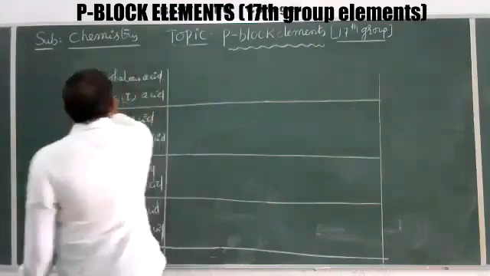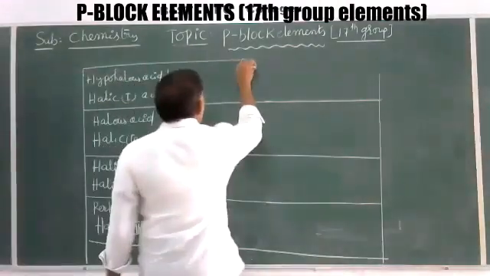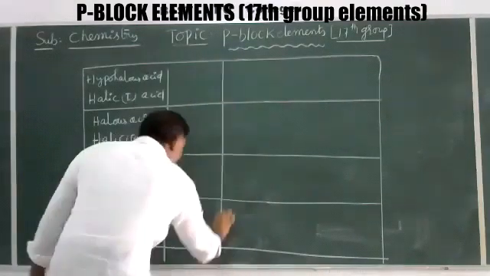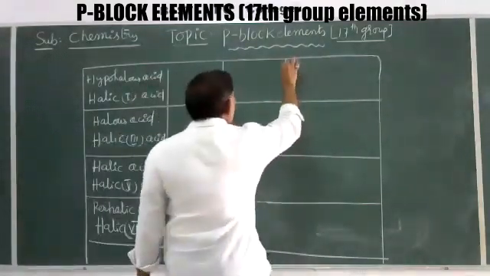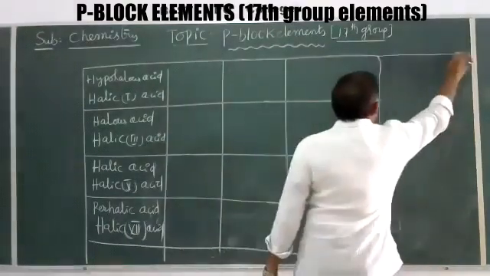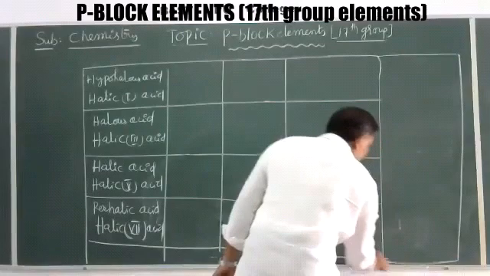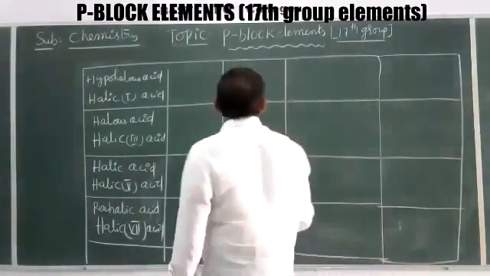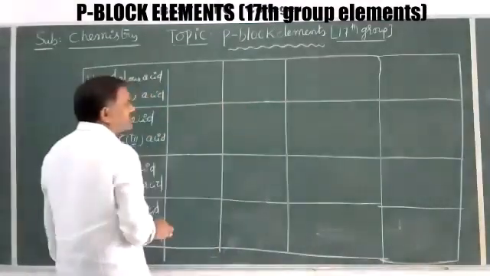So the first one is for fluorine, then chlorine, and then bromine and iodine. Now here are four important acids.